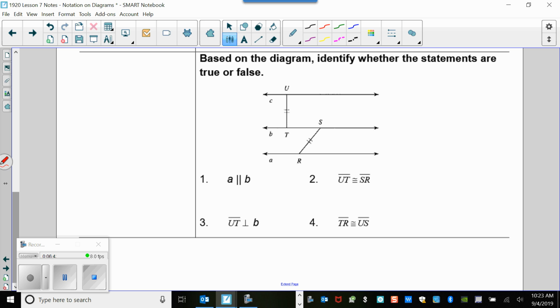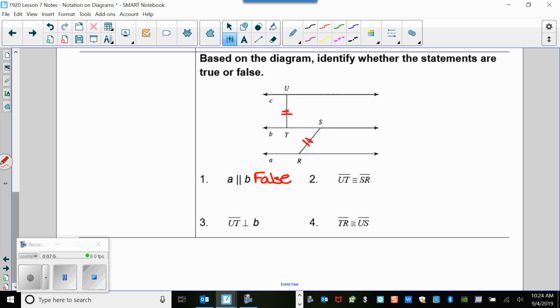Based on the diagram, identify whether the statements are true or false. A parallel to B. As I look at A, I see absolutely no carets, so this has to be false. Number 2, UT has 2 tick marks.